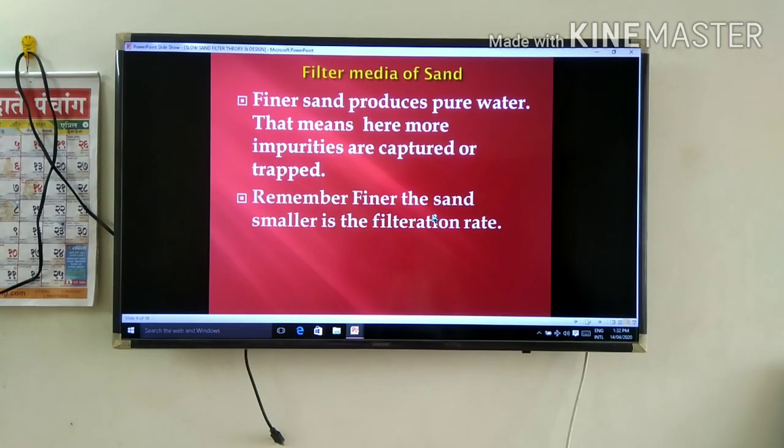Finer sand produces pure water. That means here more impurities are captured or trapped. Remember, the finer the sand, the smaller is the filtration rate. That means it takes time to capture all the impurities.